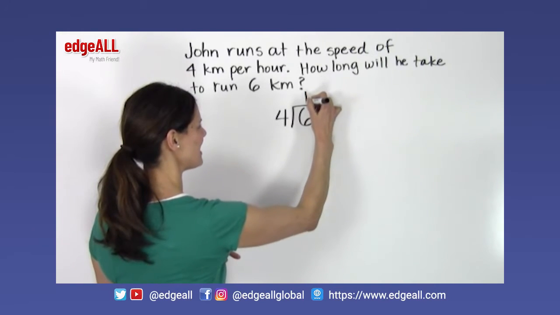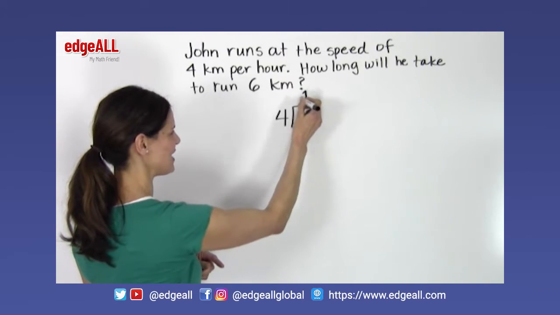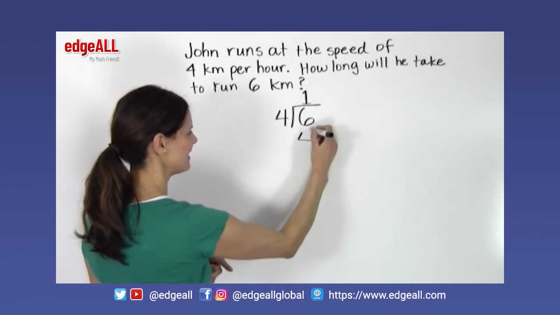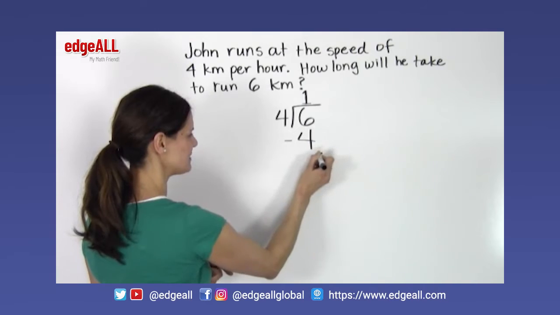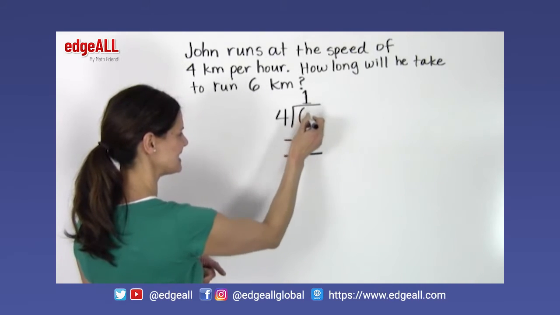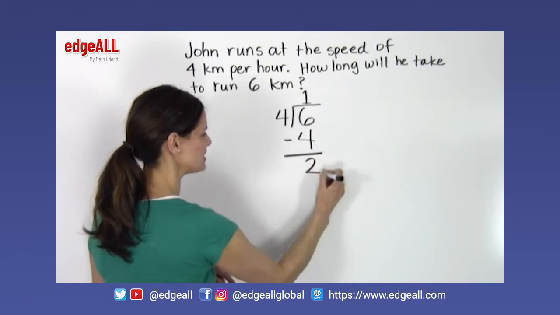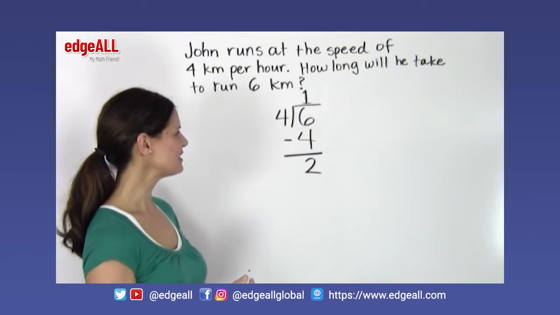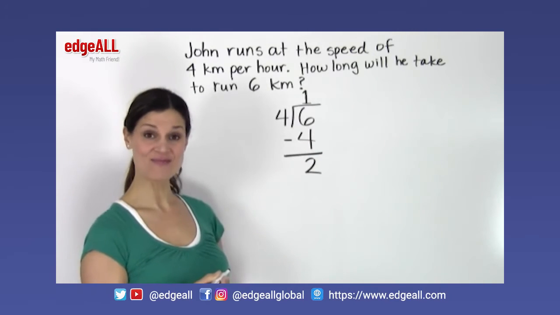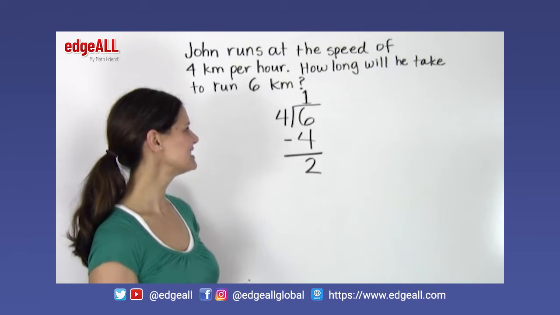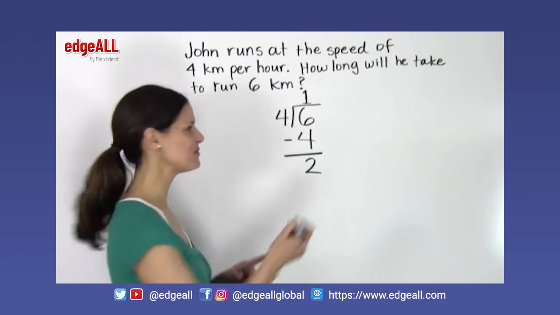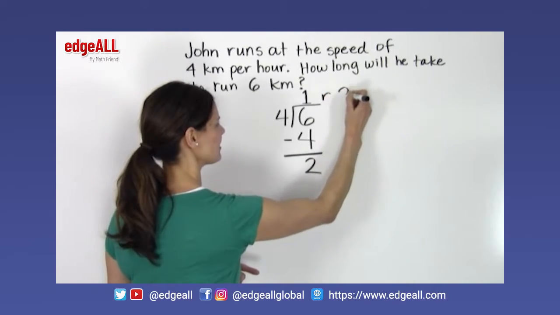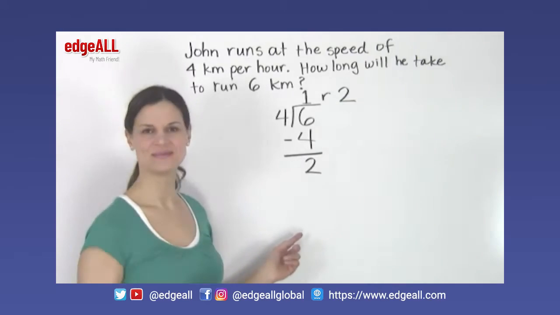So I place my 1 up here, and I do the calculation of 1 times 4, which is 4. Place my 4 here and subtract it from the 6. 6 minus 4 equals 2. And so normally I would go this far and I would say 6 divided by 4 equals 1 remainder 2.